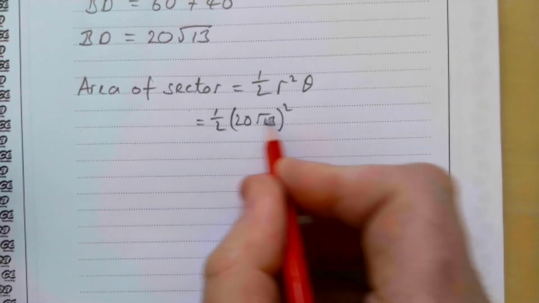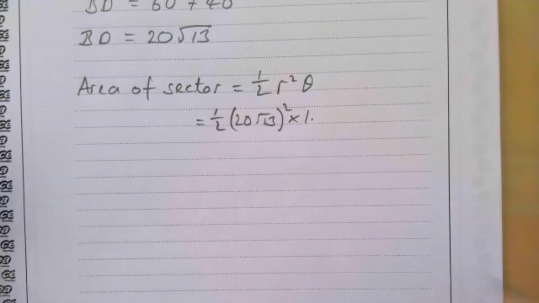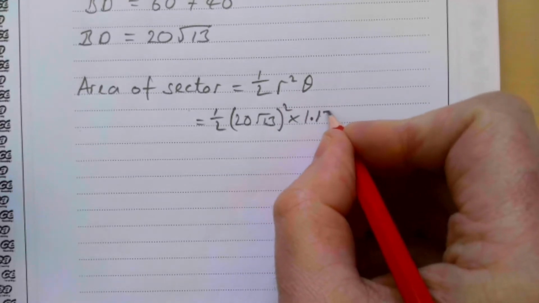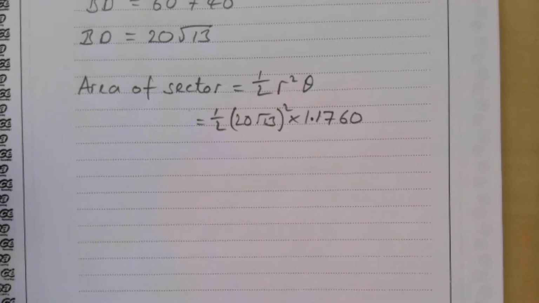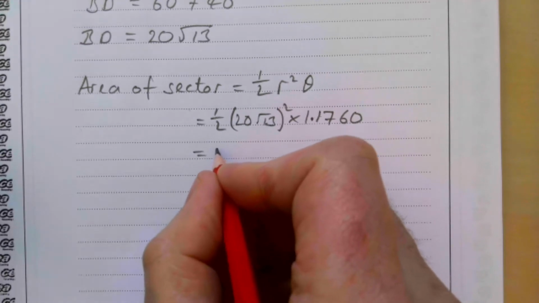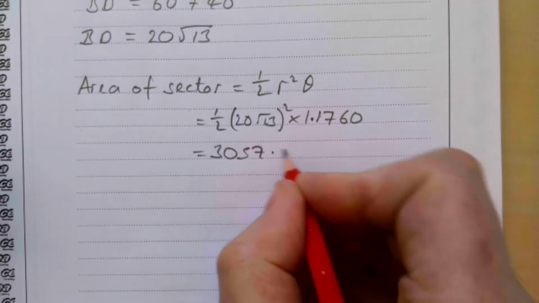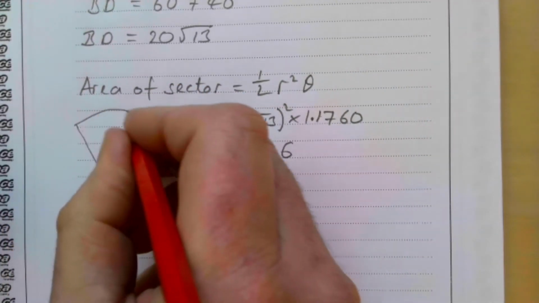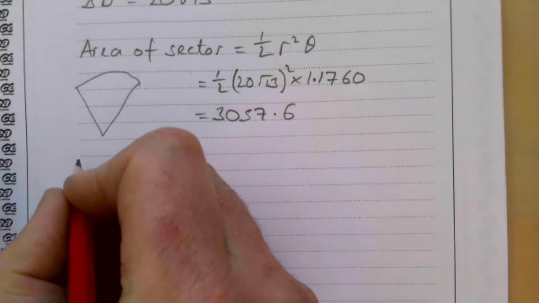Good to keep it in that form there because that's the exact form, multiplied by 1.18, and I've written 1.18 in the previous one, but if I can take the original value, which is 1.1760, then it's going to make things a wee bit more accurate. Put that in your calculator, you'll get 3057.6. So that's the area of this wee bit here. We now need to find the area of then of the two triangles.